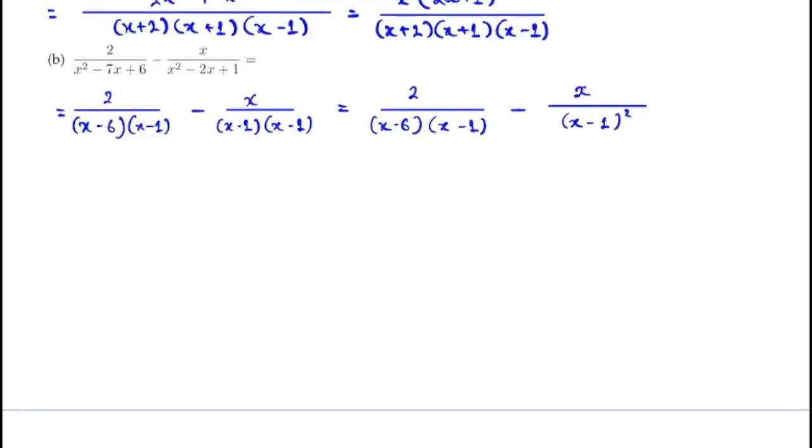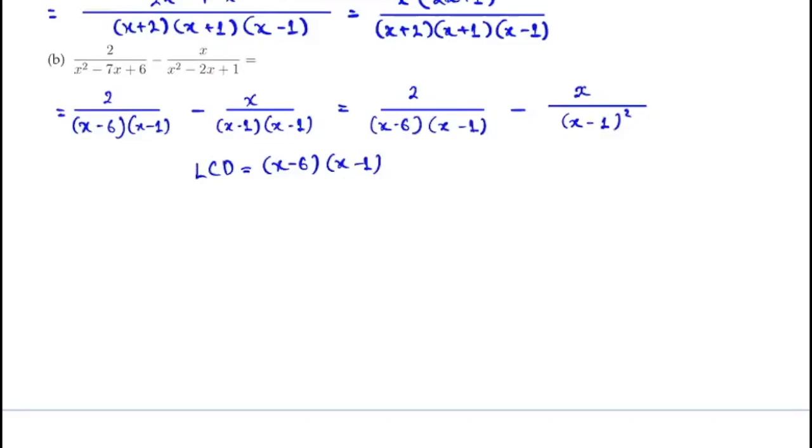Now you find the LCD. So what we did, we look at the factors in each denominator. So for the first denominator, we have factor x minus 6, okay, and then x minus 1 to put into the LCD. So here, x minus 6, x minus 1. We're done with the first expression. We move on to the second expression. You have x minus 1 as a factor. We already got here.